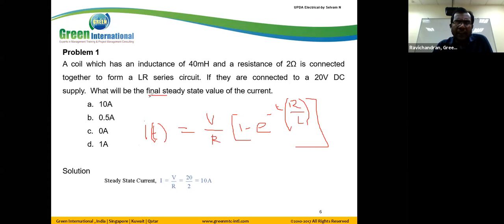The question is final steady state. Final steady state means 5 tau or infinity.